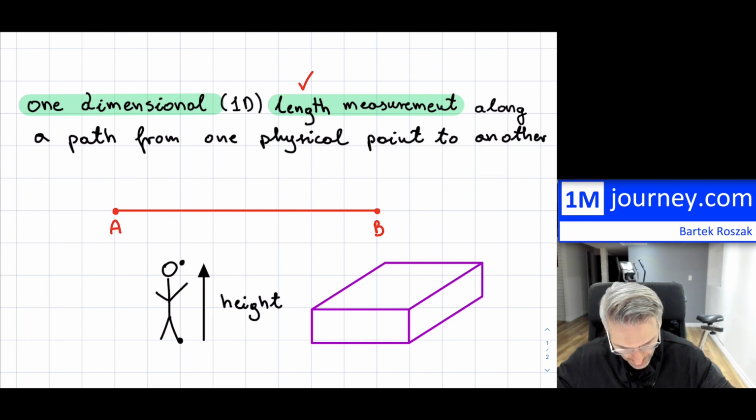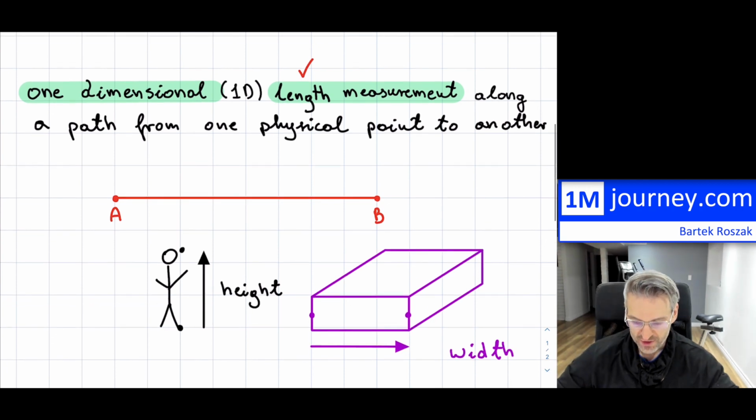So here's my box. I can also say my two physical points are, maybe, from this side all the way to this side. This would be the actual distance that I'm trying to measure from one physical point to another. And because it's the box itself, maybe we would call this the width of the box. So, width is another example of a distance that we have.